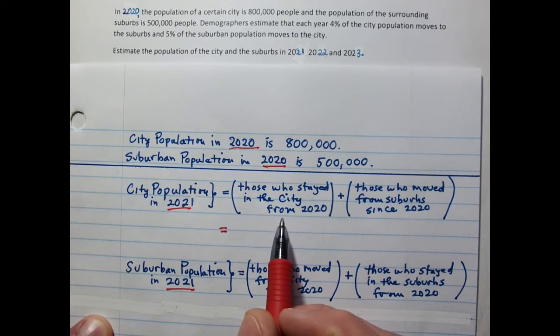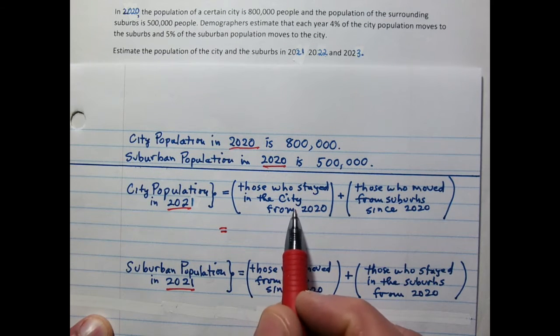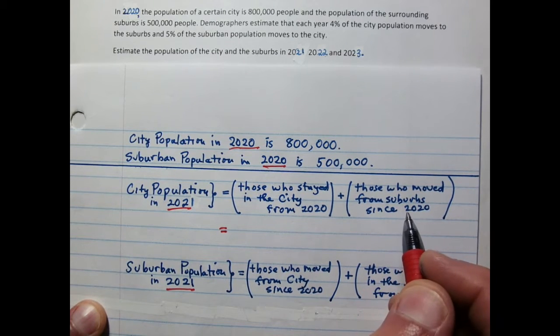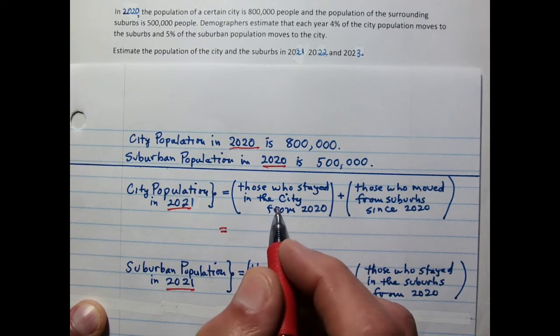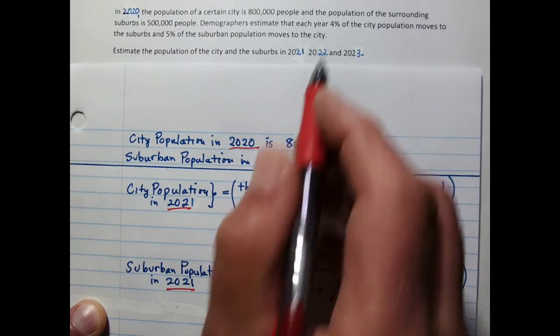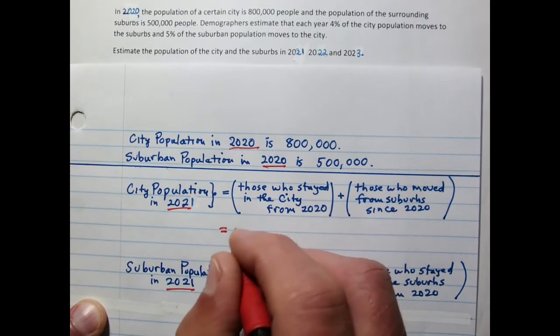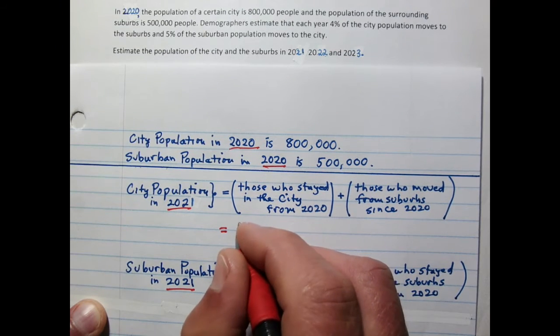I break it down into two groups of people, those who stayed in the city from 2020 and those who moved from the suburbs since 2020. Because a certain amount of the city people are going to leave. So we know 4% of the city population leaves, so 96% of the city population stays.